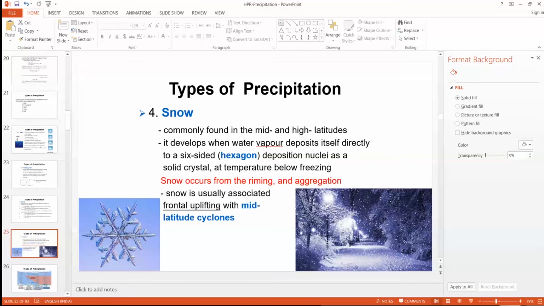Because when the wind blows from the poles towards a warmer region, the cold wind, which has a higher velocity, meets the warm wind.